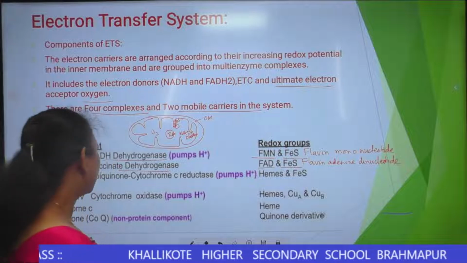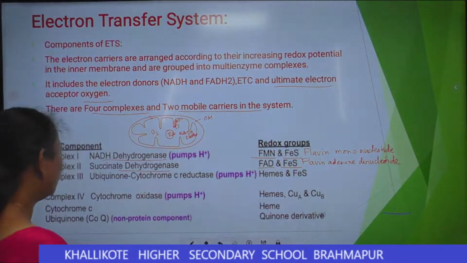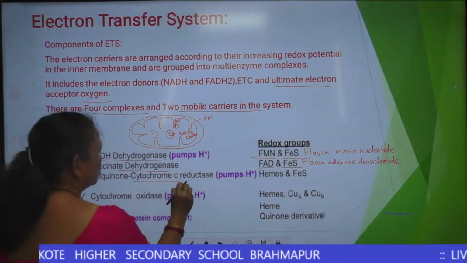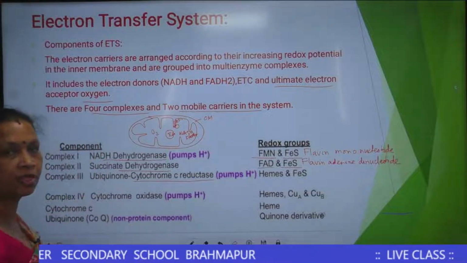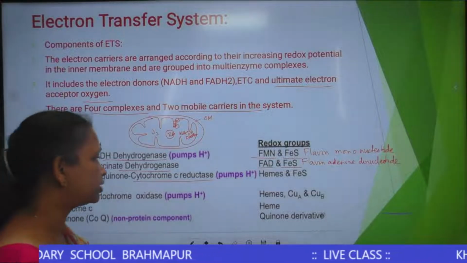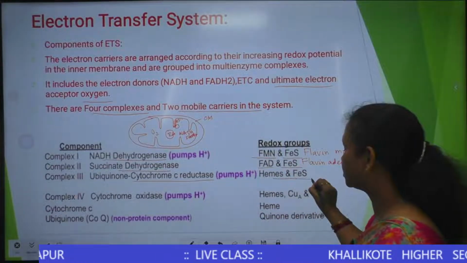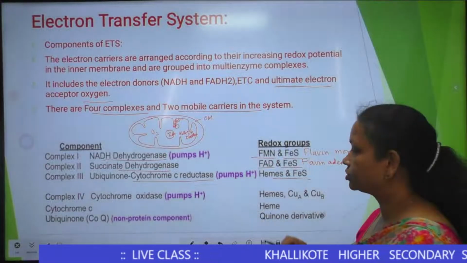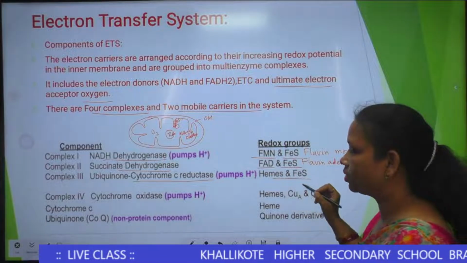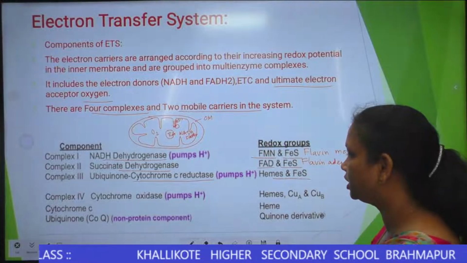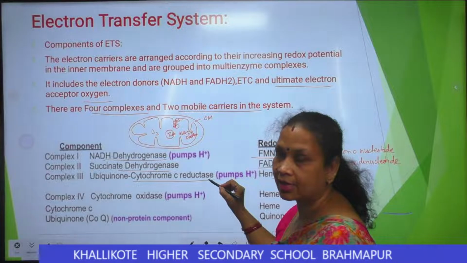So, the third complex is ubiquinone cytochrome C reductase. It also helps to pump the H plus, and here again there is an iron sulfur center present. So, cytochrome BC1 complex or cytochrome C reductase is the next complex.